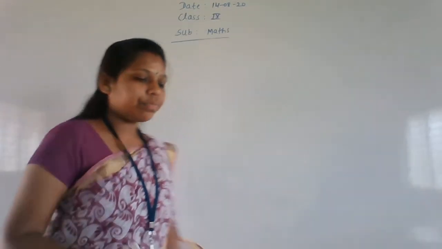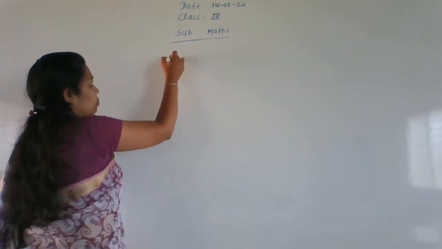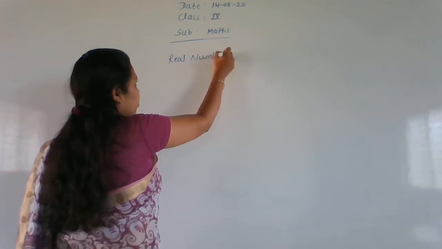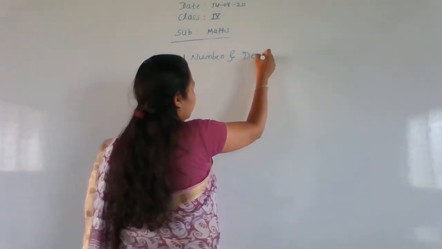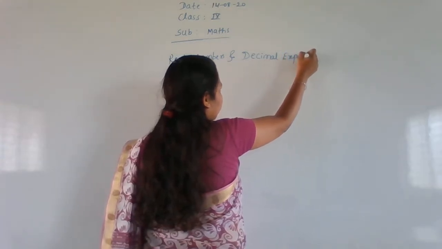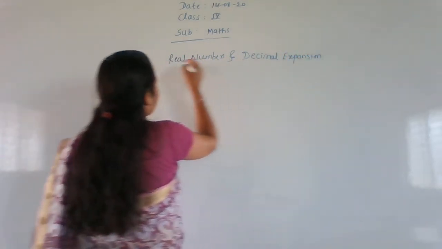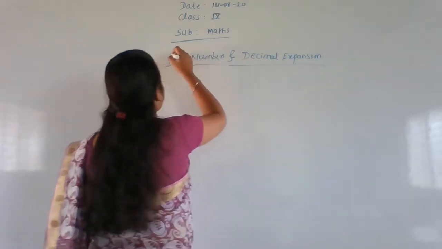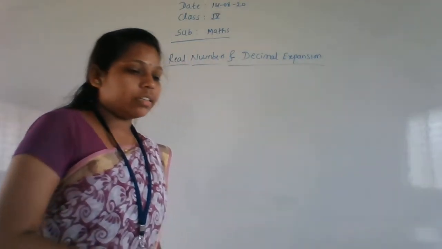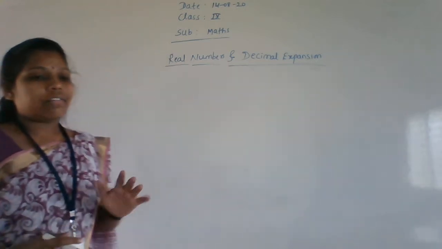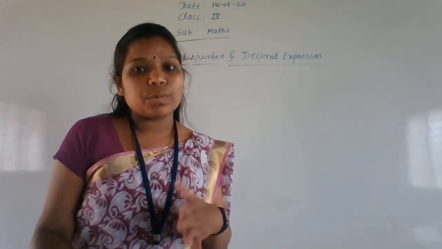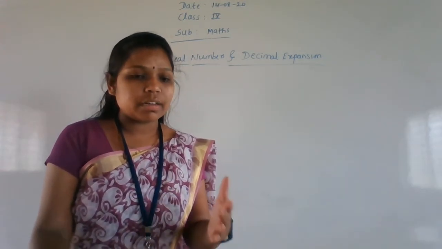See here, real numbers and decimal expansion. What we are discussing here: find the decimal expansion of 10 by 3, 7 by 8, 1 by 7, given here on page number 9.